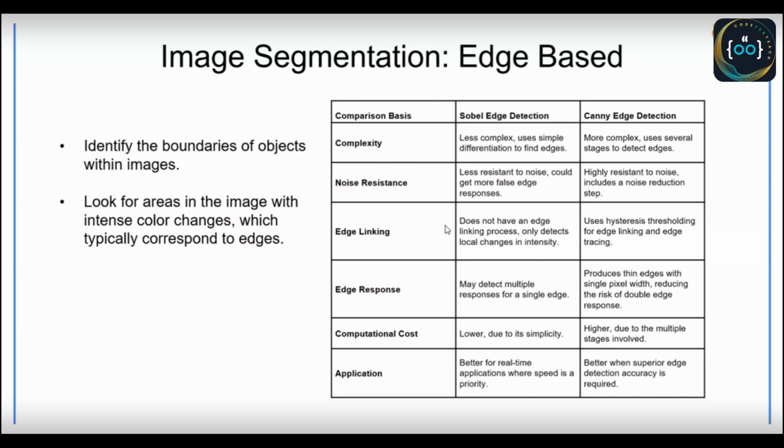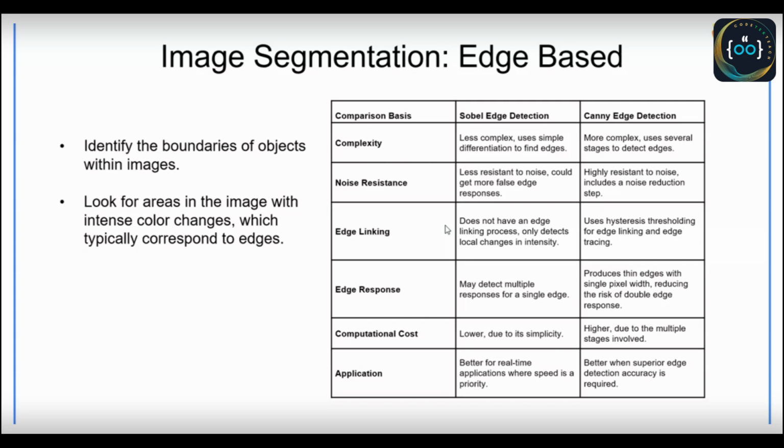Canny edge detection, on the other hand, is named after its creator, John F. Canny. It is more sophisticated and performs better than the Sobel operator in terms of detecting true positive edges.